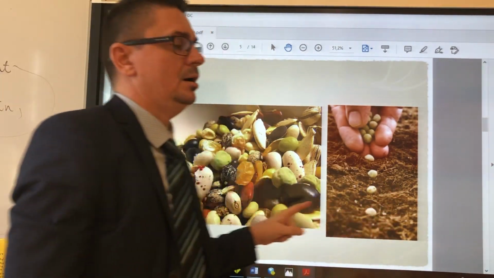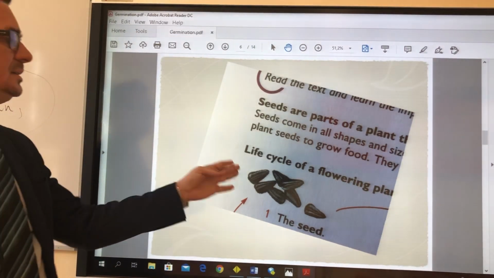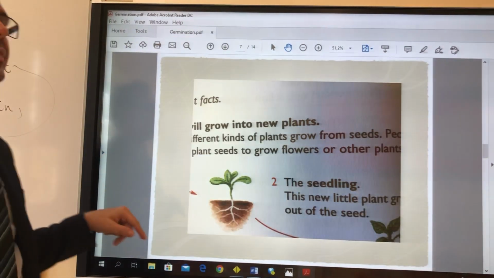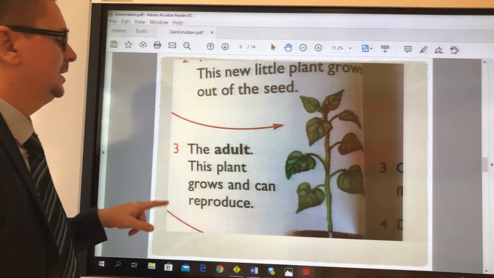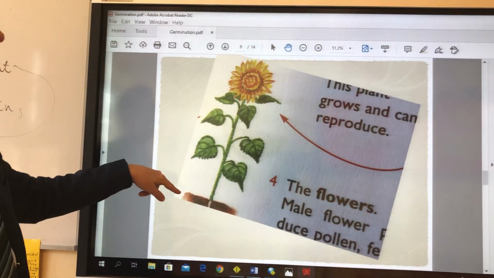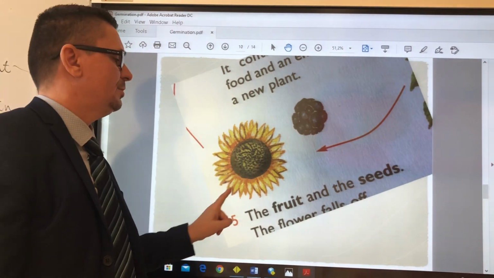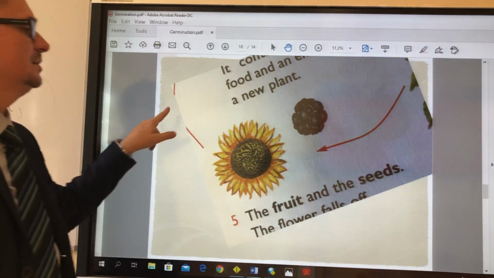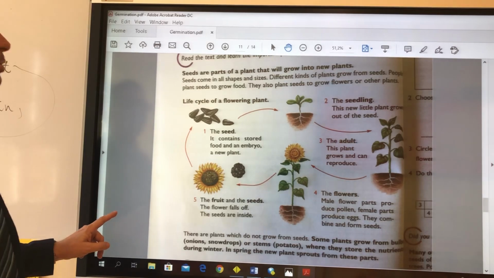This is how we plant seeds. The seeds are here. Then they start growing. A little seedling will develop. Then the adult plant is there. And the flowers grow. And from the flowers, there's the fruit and the seeds can be found there at the top. So let's read the whole thing.